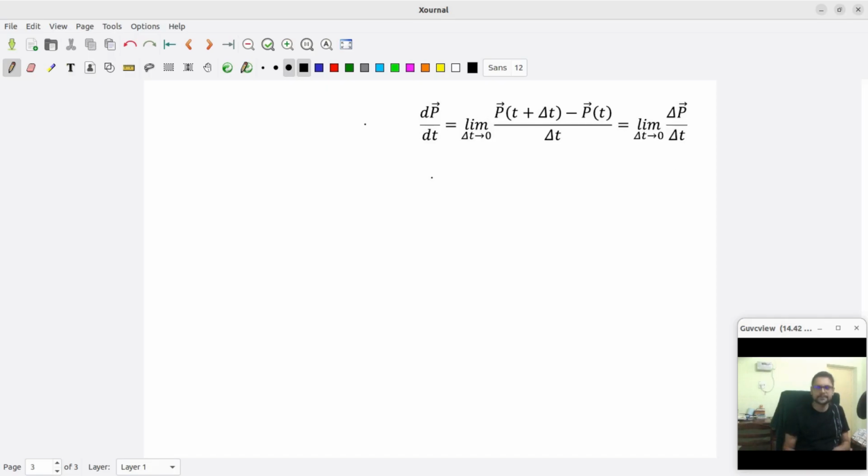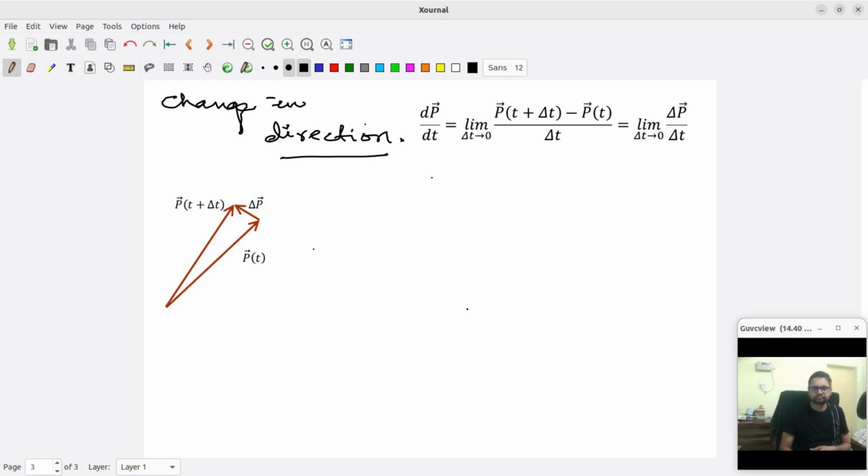Let us look at the case where you have only change in direction. There is no change in magnitude, but there is change in direction. As you can see in the figure, P at time t is here, and after delta time t, P has come here.